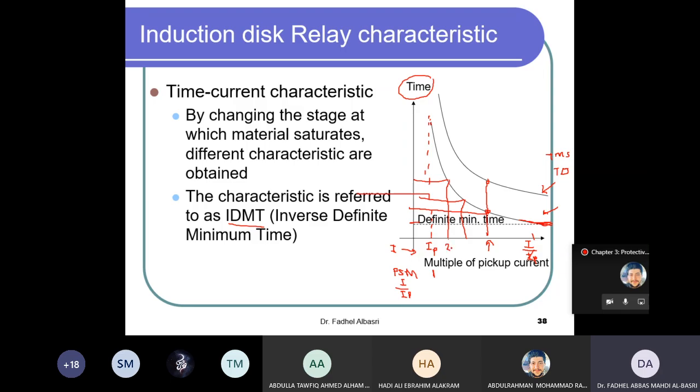If I inject a current 2 times I pickup and divide by I pickup, this is 2 now. This is now 3 times I pickup, so this is 3, and up to, let's say, 10, which means 10 times the pickup setting. So the higher the current compared to the pickup setting, the lower the operating time.